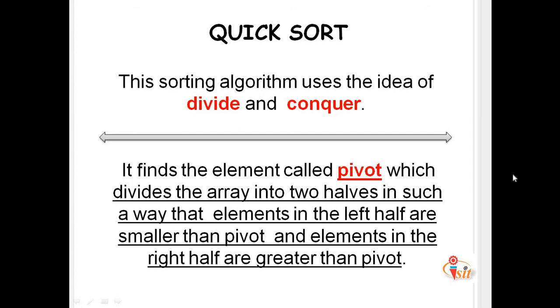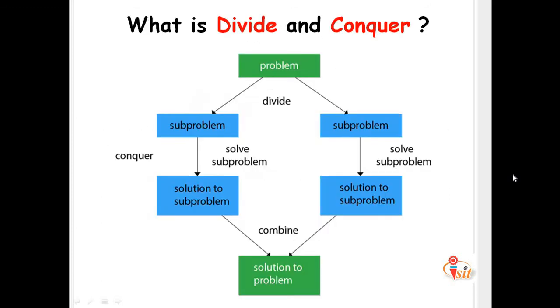So before starting with the concept of quicksort, first we should know the meaning of divide and conquer. This is a simple example of how divide and conquer works. Divide and conquer is one kind of approach. Here the problem in hand is divided into smaller sub-problems and then each sub-problem is solved independently.